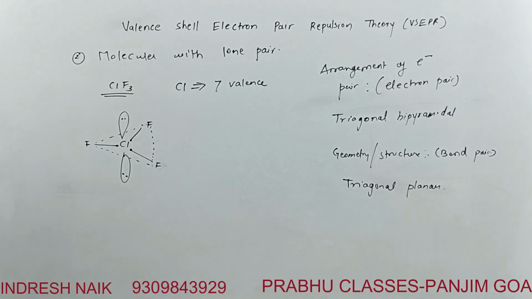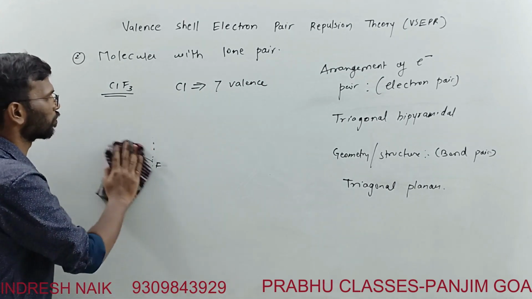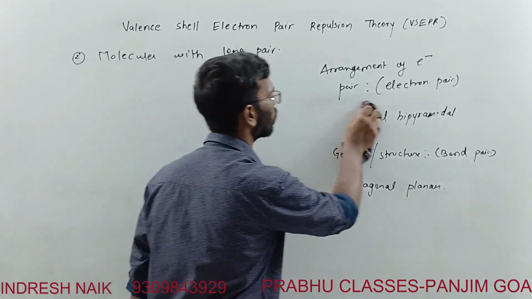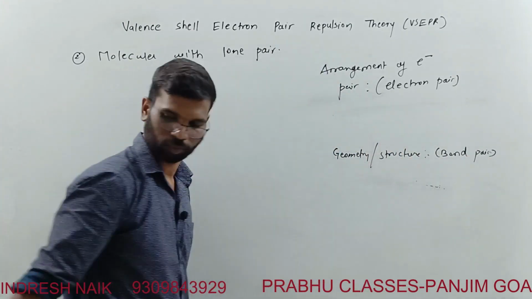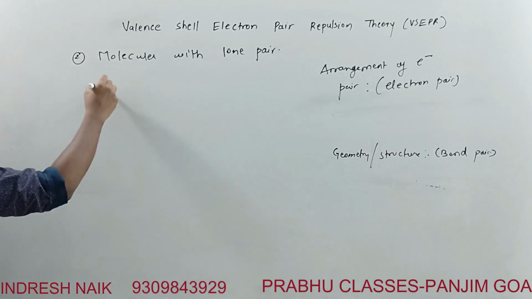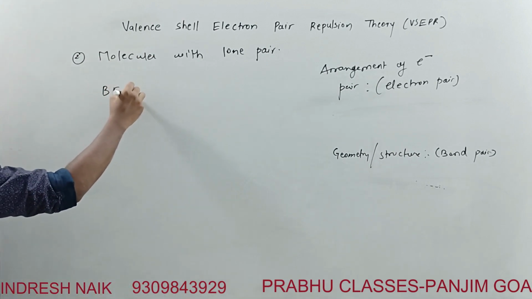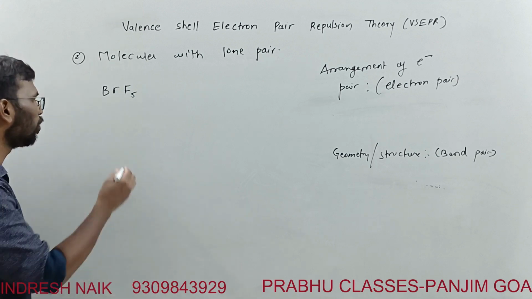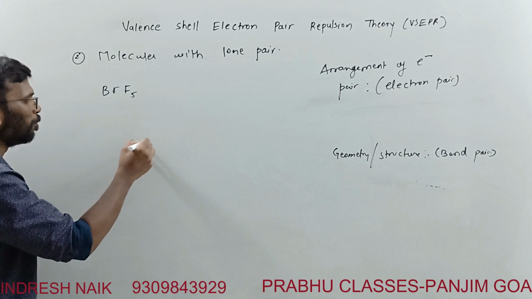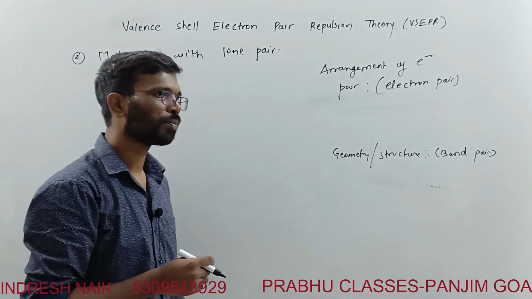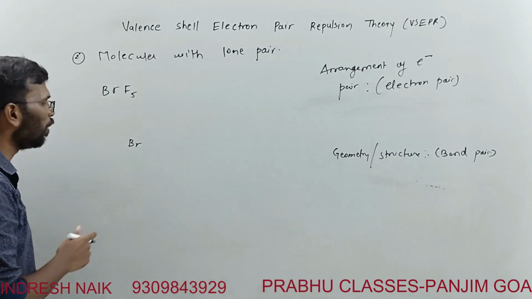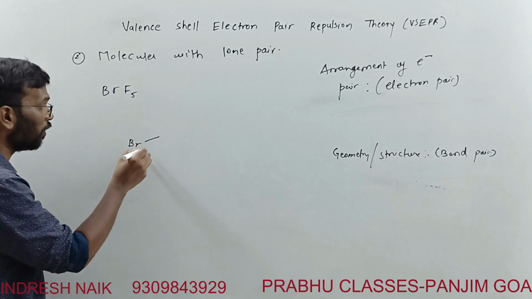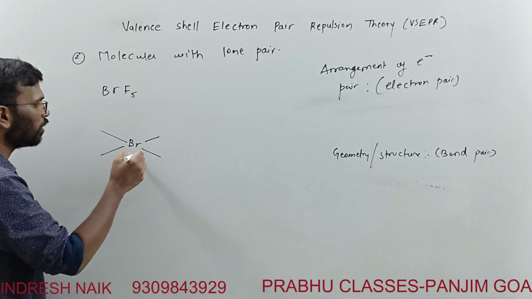Next is BrF5. Bromine has 7 valence electrons, out of which 5 will be bond pairs, and 1 will be a lone pair. So I will write this structure; there are a total of 6 electron pairs.